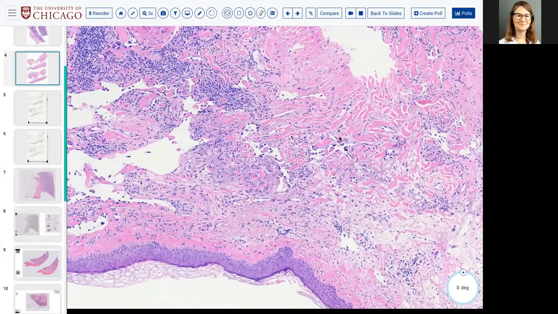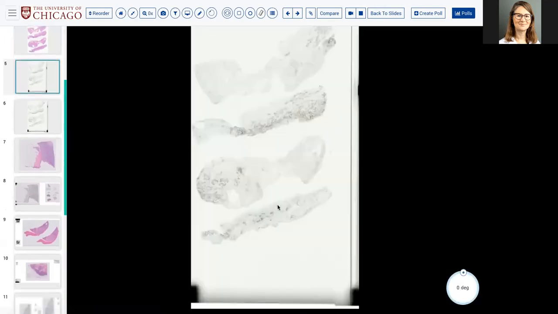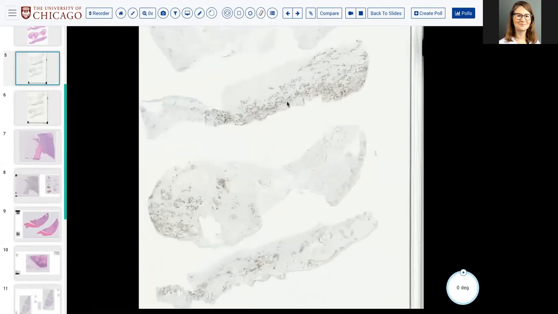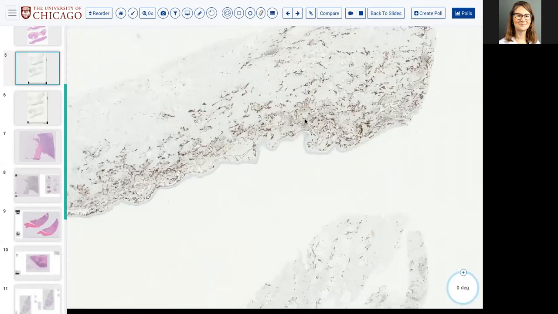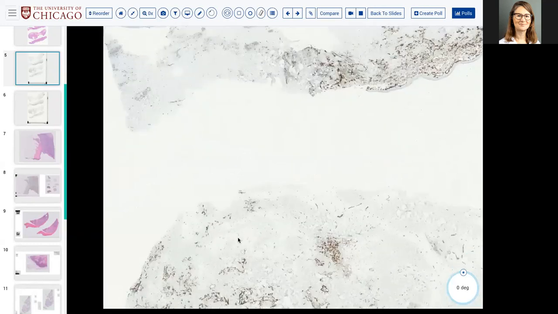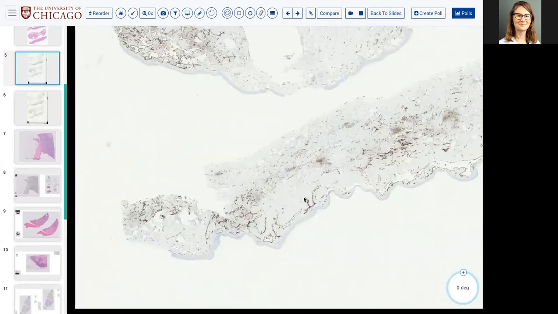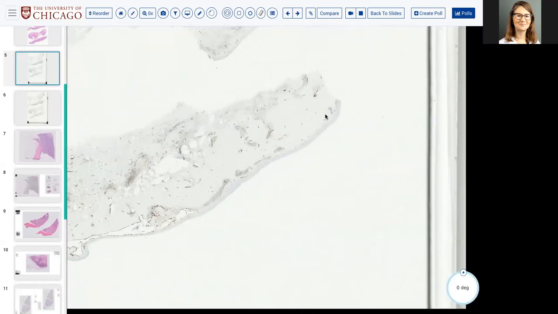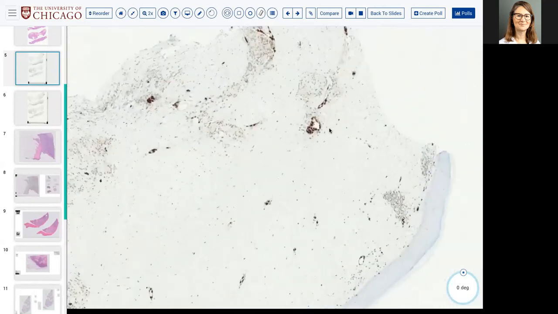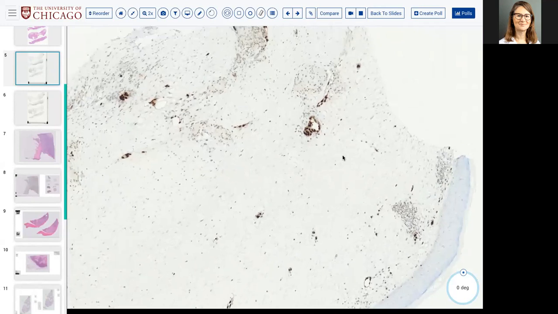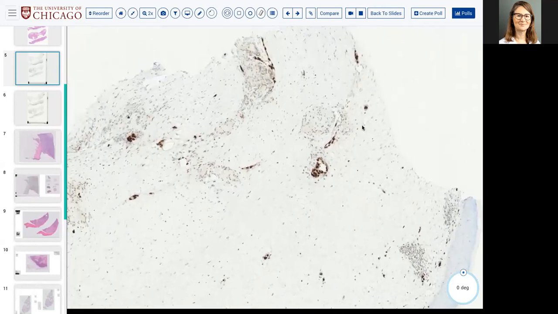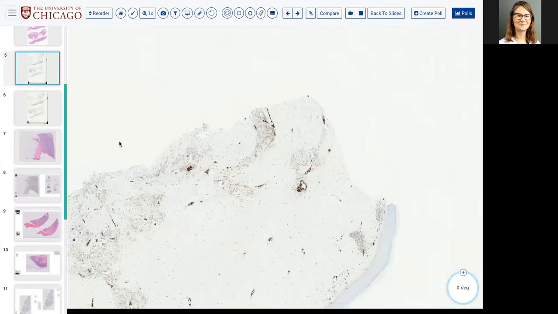If you put a CD31 on here, which I think these people did, you can see that it is extraordinarily infiltrative. And resecting these in the scalp, especially in these patients, can be quite disfiguring because they track so far, and you can even see small foci of tumor percolating through what might otherwise be a generally normal appearing area on low power, right?